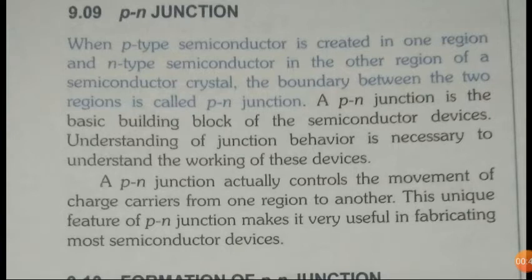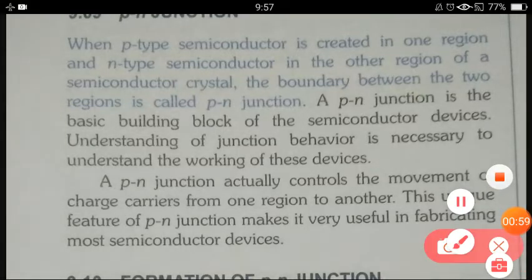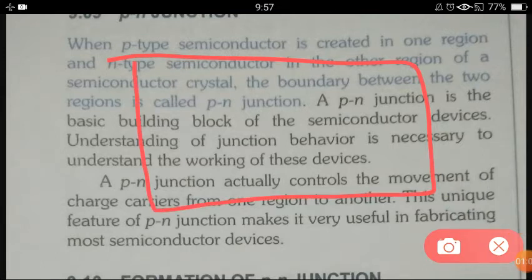When a p-type semiconductor is created in one region and an n-type semiconductor in the other region of a semiconductor crystal, the boundary between the two regions is called a p-n junction. Suppose we have one pure semiconductor. We divide it in half.